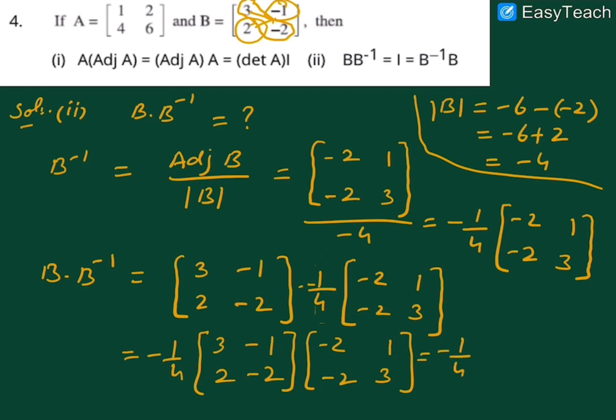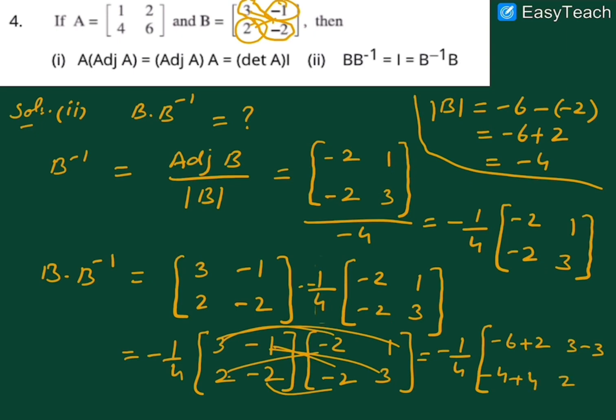So 3 times -2 is -6, -1 times -2 is +2, and 3 times 1 is 3 and -3. Same, 2 times -2 is -4, and this one will be +4. 2 times 1 is 2, and -2 times 3 is -6.